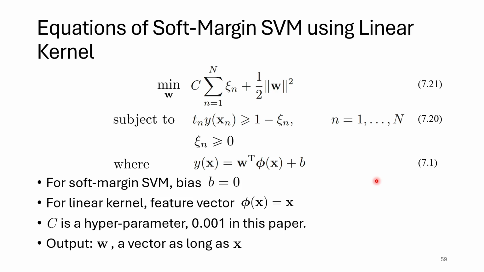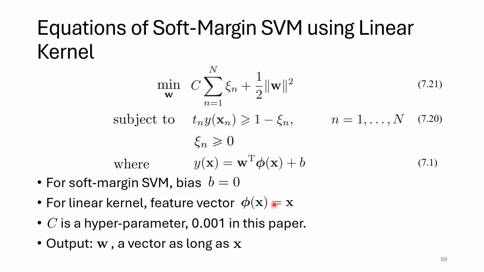I just want to show something. What we want to find is the parameters of the W vector. And what is the W vector? From this equation, you can see when they use a linear kernel, it means the function phi is an identity function. It doesn't map the feature to any high-dimensional space.